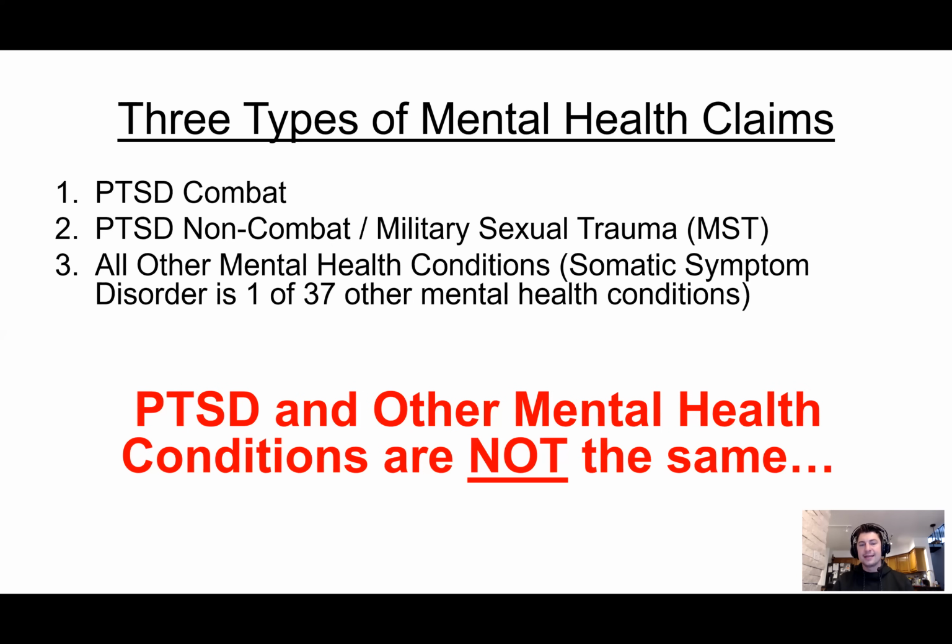There's lots of things that can cause and make PTSD worse that are not related to combat, okay? And you're still eligible for VA disability benefits and compensation under the law. Okay, so PTSD combat, PTSD non-combat, and then the third category is all other mental health conditions.